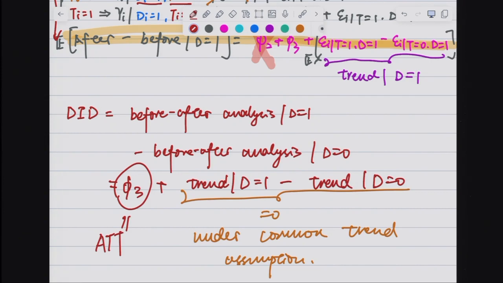So the OLS, which consistently estimates the regression model, the population regression, that is mathematically equivalent to the causal model under OR, will also consistently estimate our ATT.